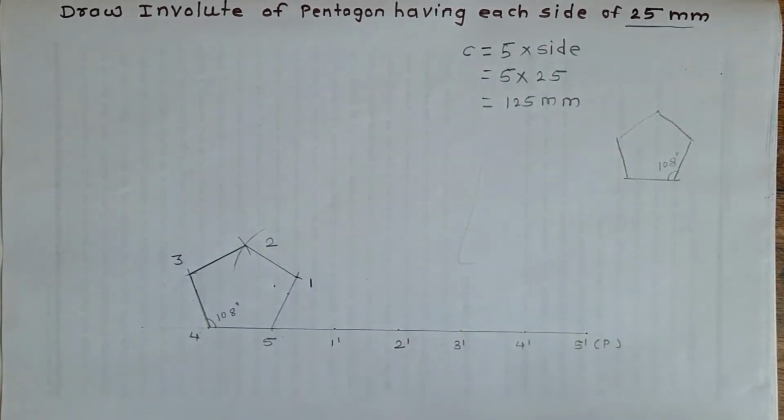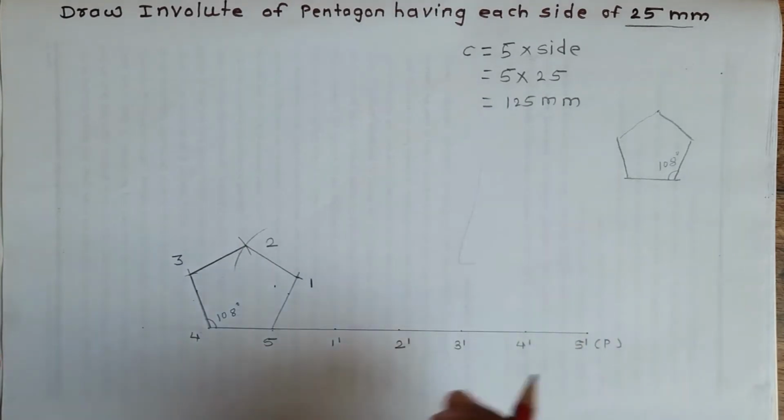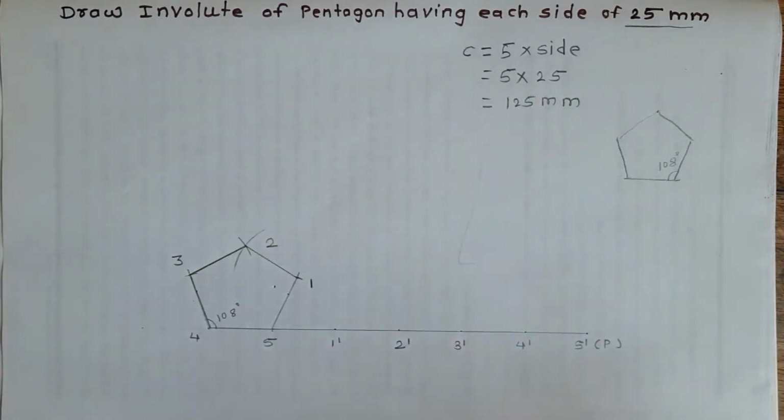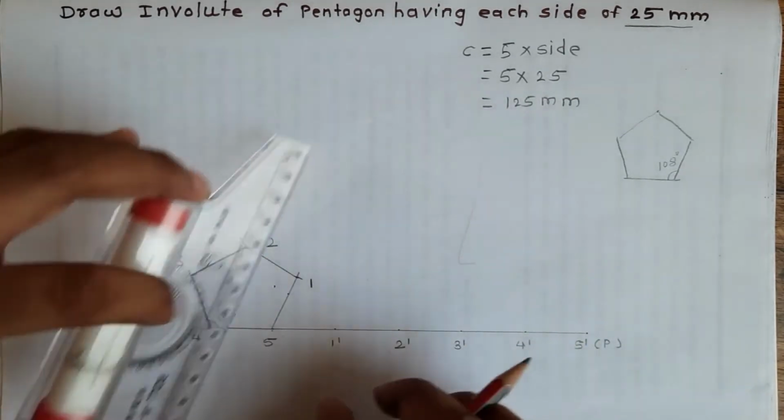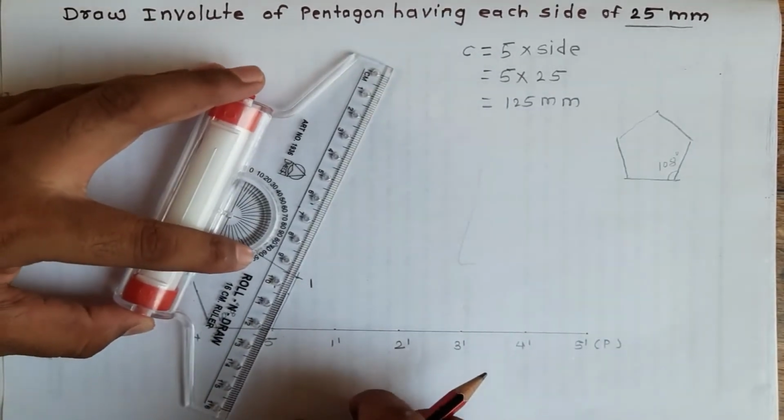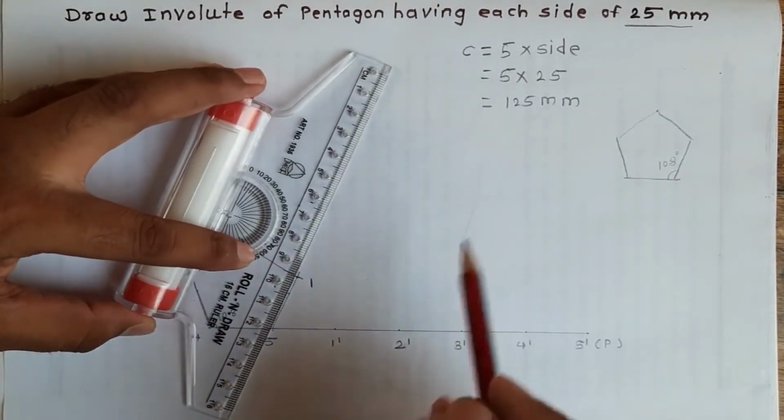Okay, now the next step is to draw the tangent to each side. Here 5 sides are there, so there should be 5 tangents.